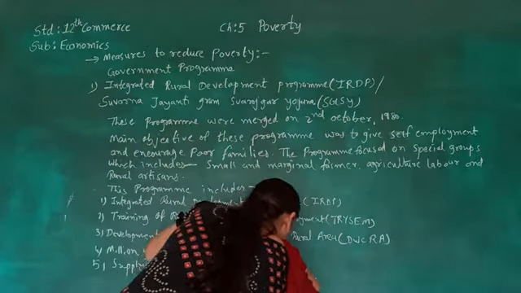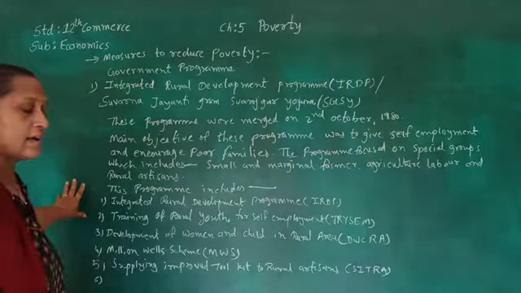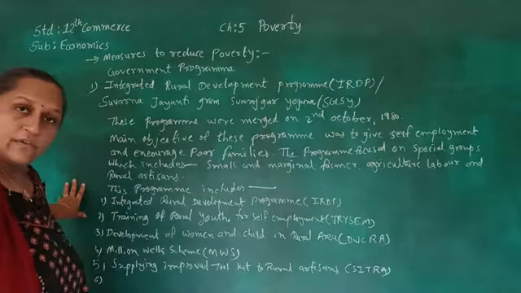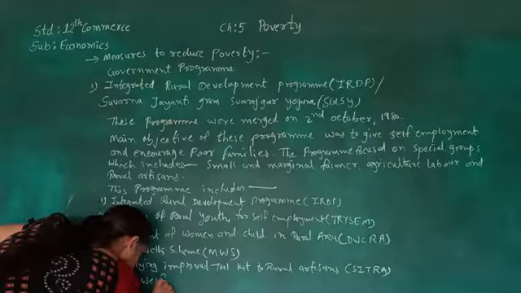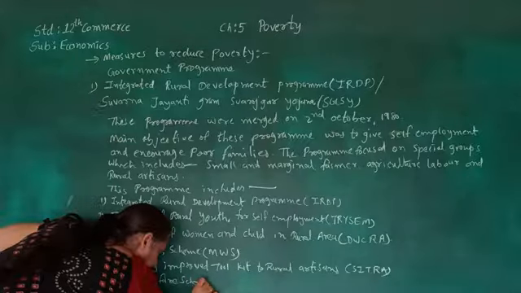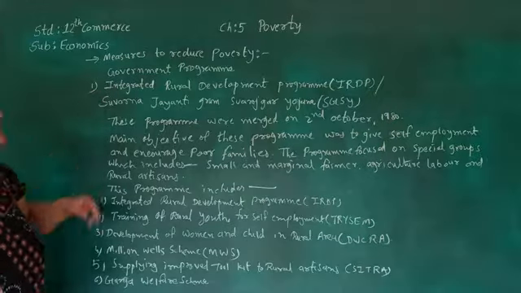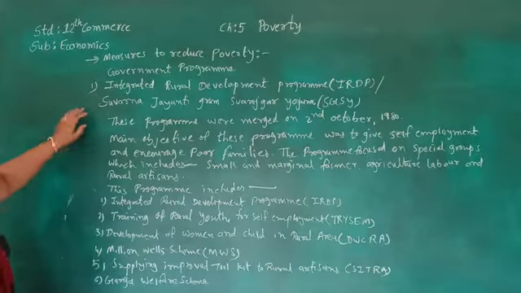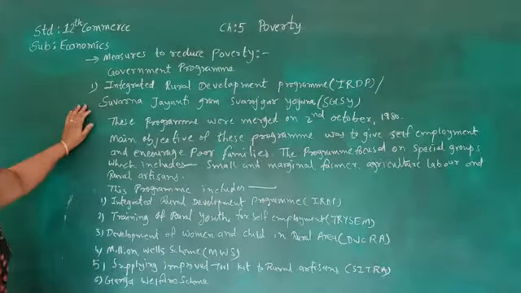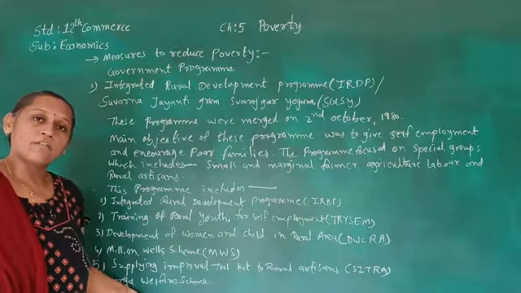And the last thing that was included in this was the Ganga Welfare Scheme. So this sixth scheme was included in the Integrated Rural Development Program, and this scheme was introduced by the government to eliminate poverty. So students, you may note down this.